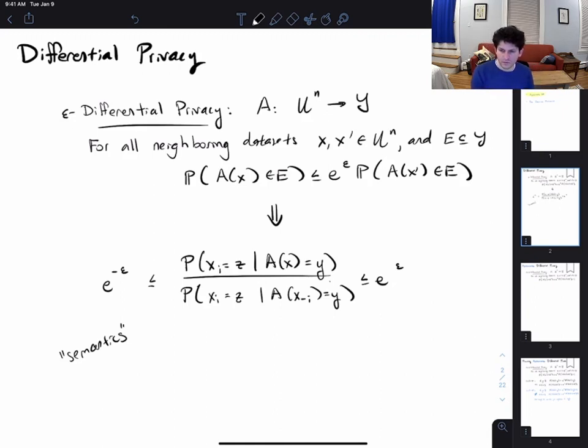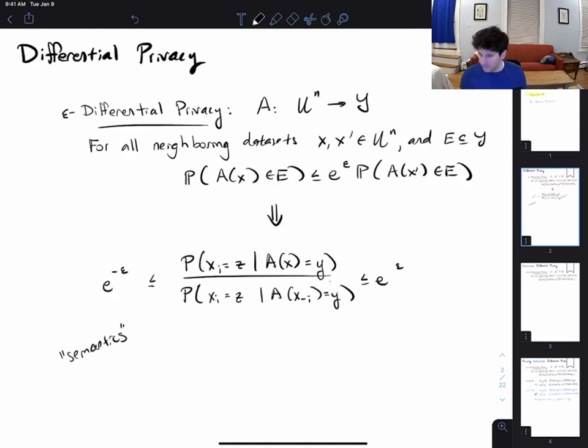So it's natural to wonder, what if we could relax this definition a little bit, so that we don't have to worry about these events that have large multiplicative differences in probability, but are extremely unlikely to happen under either data set.